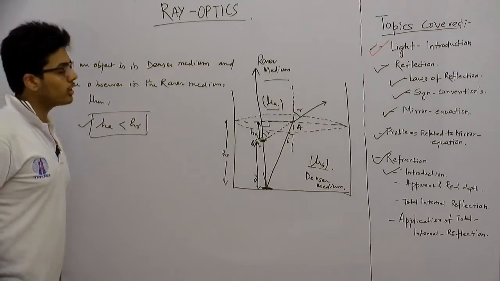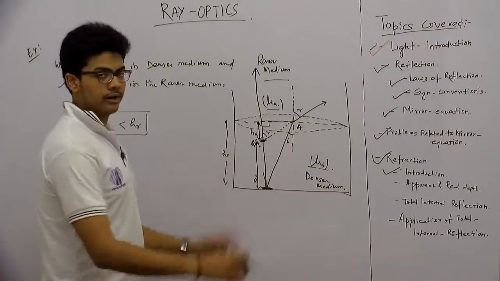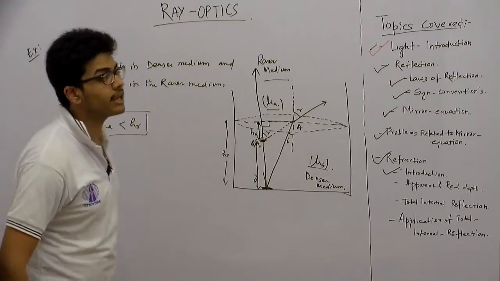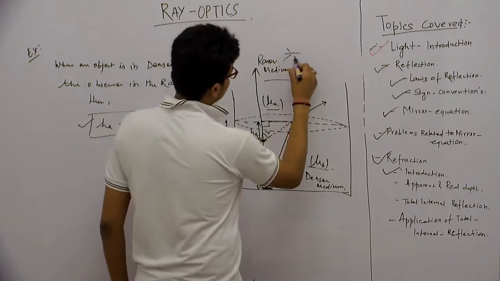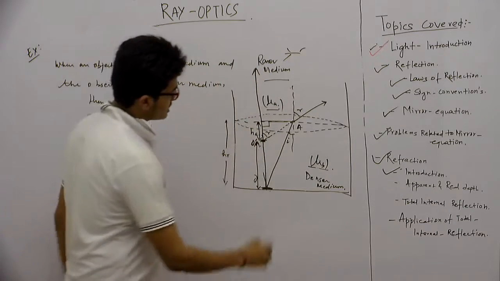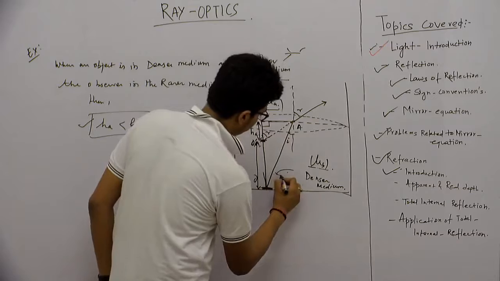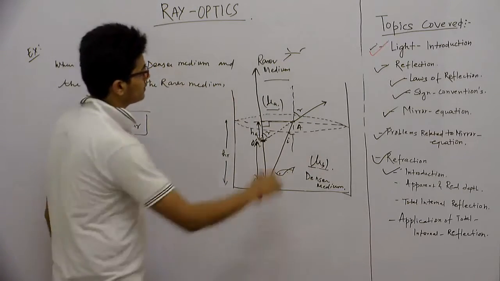For example, if a bird is flying over a pond, suppose let us consider this as a pond, and the bird sees a fish inside the pond at this position.